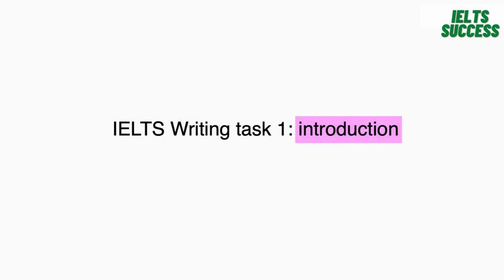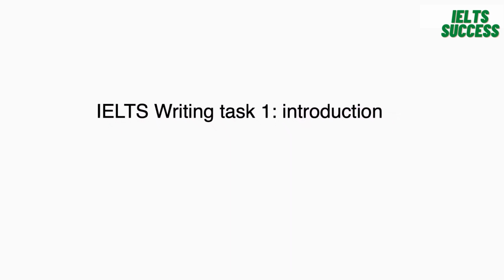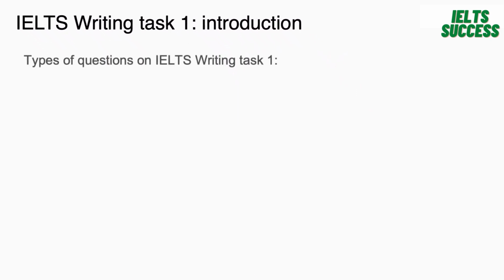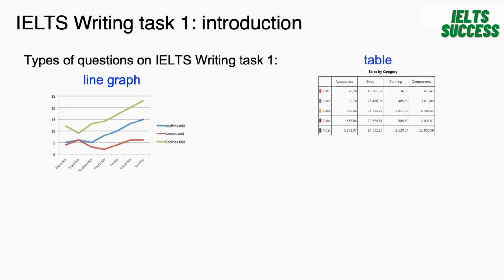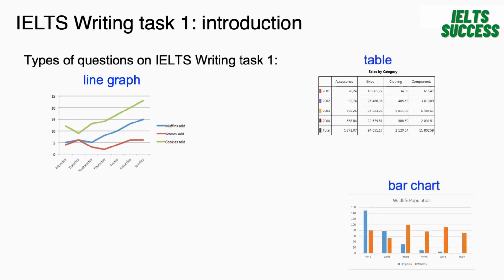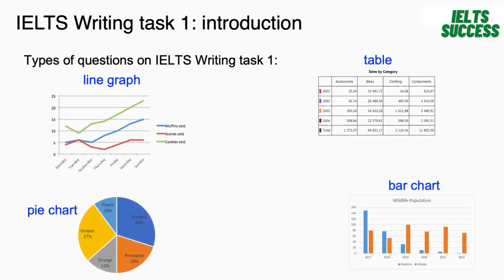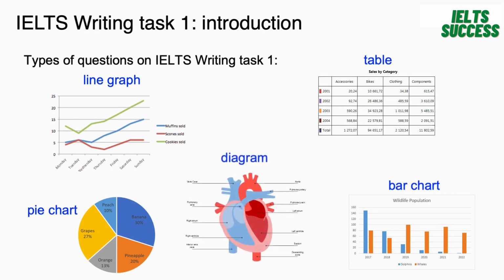A nice introduction for IELTS Writing Task 1. As you know, you can get several types of questions on IELTS Writing Task 1 that can require you to describe a line graph, table, bar chart, pie chart, diagram, and so on.